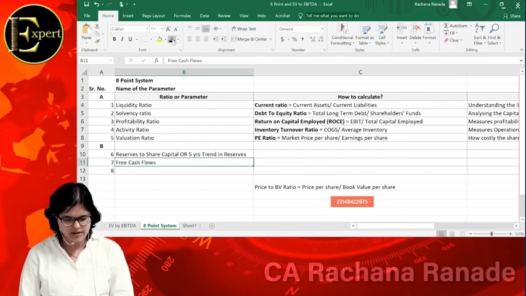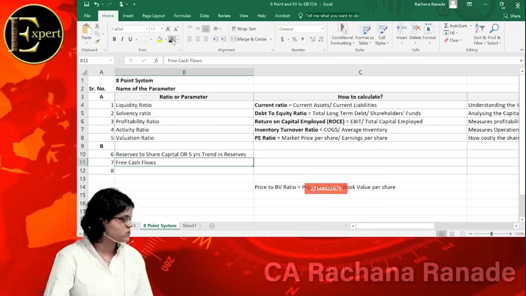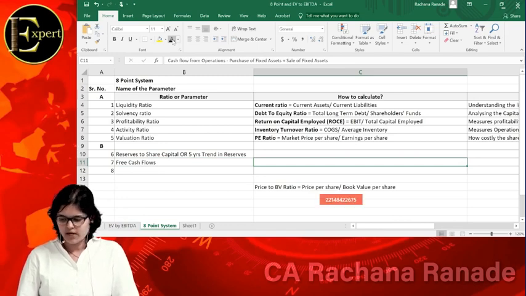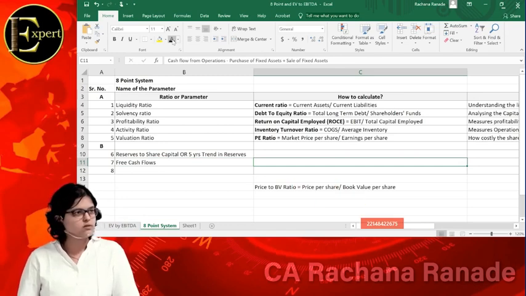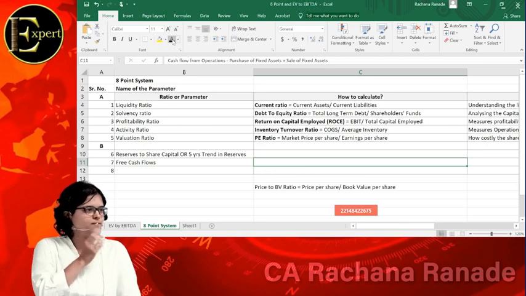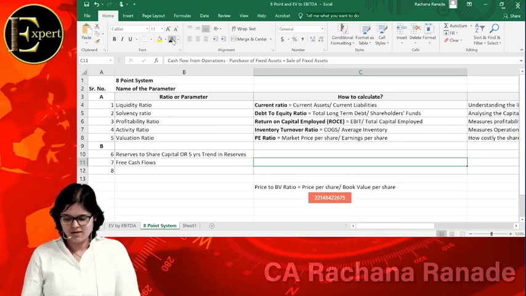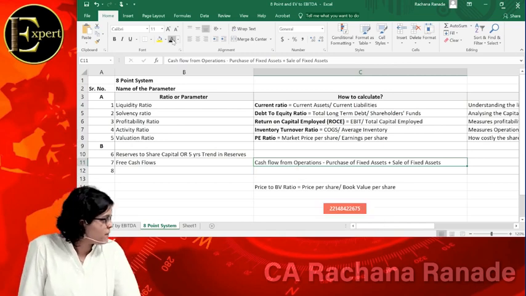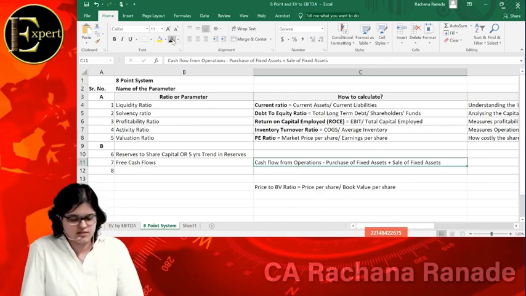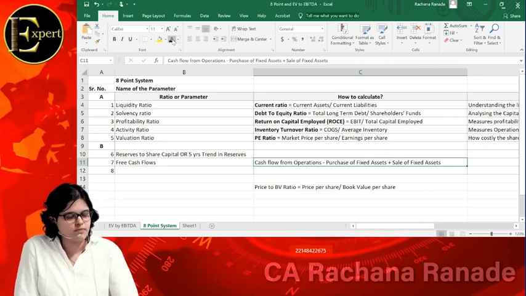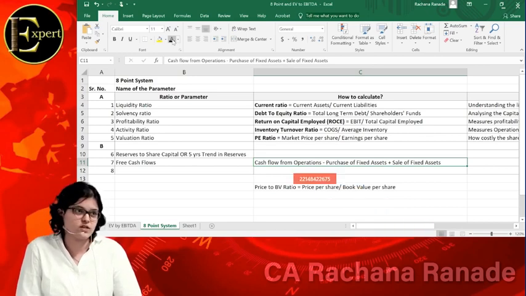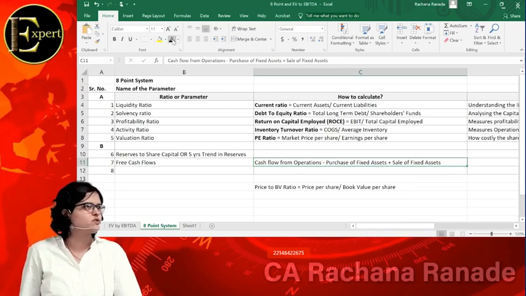The next parameter that we had discussed, a very important parameter, is free cash flows. And if you remember, how did we calculate free cash flows? Yes, so it was cash flow from operations minus purchases of fixed assets less sales of fixed assets. And where were you getting all this information? Not in the balance sheet or P&L, but in the cash flow statement. The entire information you'll get in the cash flow statement.